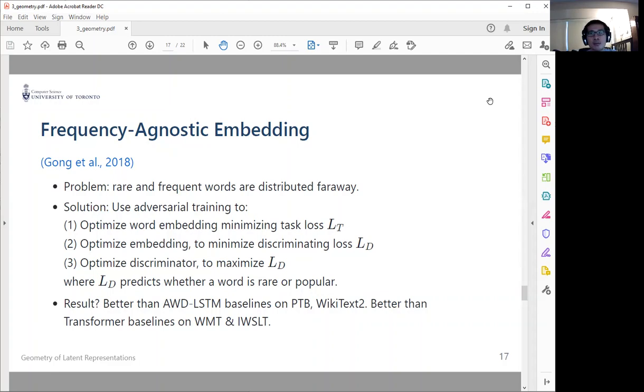And there are other methods to remove certain information from the latent representations. For example, in 2020, Ravfogel proposed the iterative null space projection. We will talk about that later in the probing talk next week.